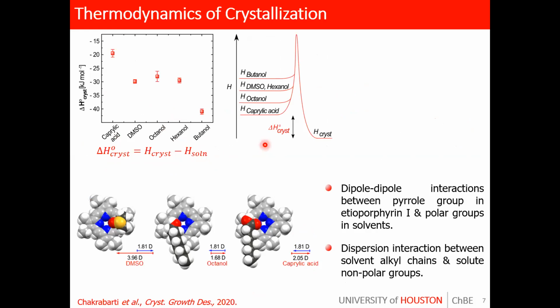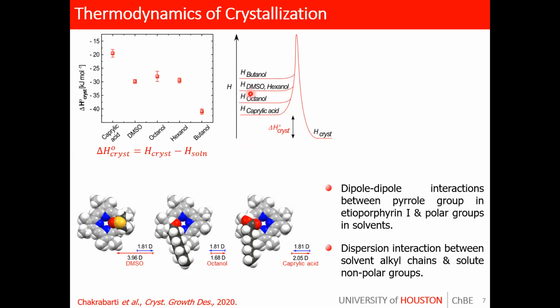This is a schematic representation of the comparative solution enthalpy of ethylporphyrin 1 when dissolved in different solvents, and a lower solution enthalpy indicates a stronger solute-solvent interaction. As we go down, the interactions between the solvent and the solute increase.